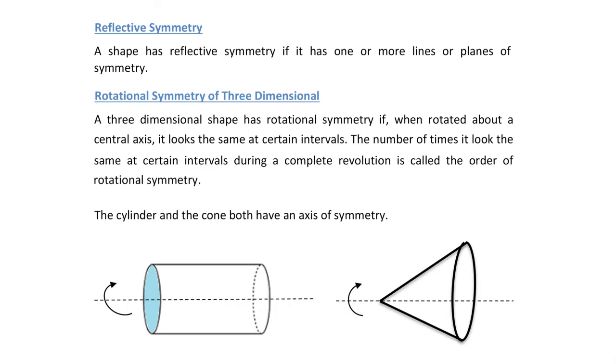For example, a pentagonal prism has rotational symmetry of order 5. It must be a regular shape for that to happen so that all the sides are equal. The cuboid, like we said earlier on, has rotational symmetry of order 2 about the axis shown. I think these examples are enough for now.